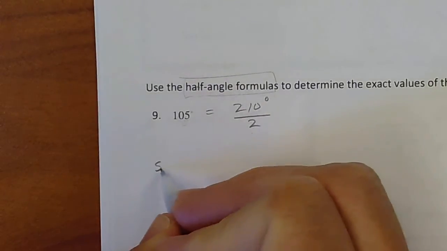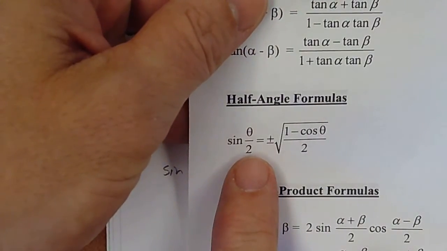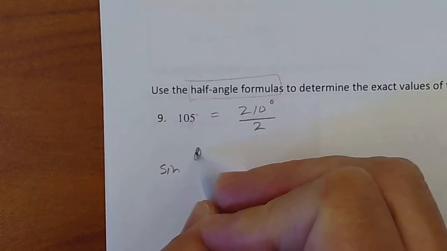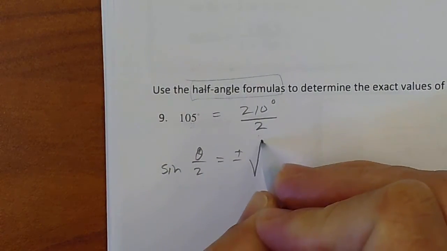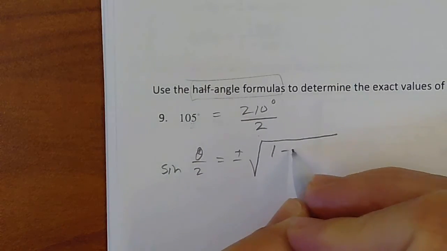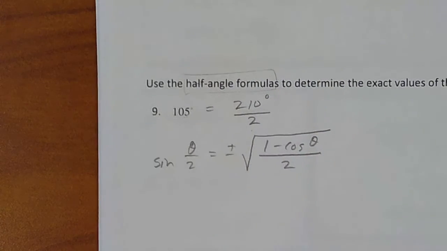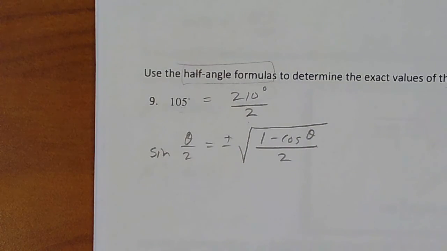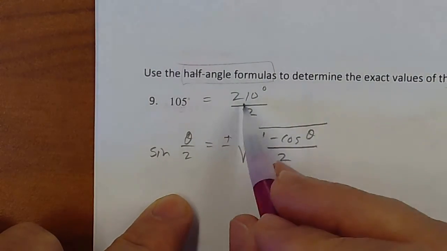All right, so let's just go ahead and do one at a time. I'm just going to rewrite the sine formula. I'm just rewriting this down on paper right here. Okay, sine of theta over 2 equals plus or minus the square root of 1 minus cosine theta over 2. Okay, so what do we need? Really, to figure this out, I need to find the cosine of theta. In this case, it's 210.